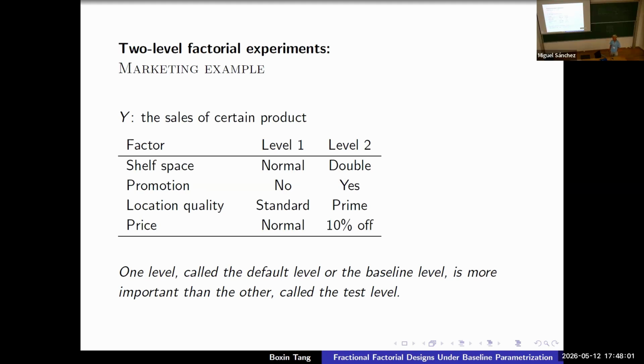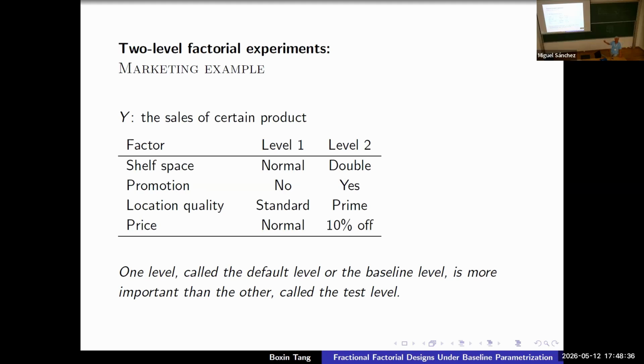In this example, the two levels are asymmetrical, not symmetrical. There's one level we prefer to use. Certainly for shelf space, the normal shelf space is preferred. You don't want to use extra space if it doesn't make a difference. Promotion: no promotion, you don't need to spend any money. You don't do anything. If you do promotion, in some cases it works.